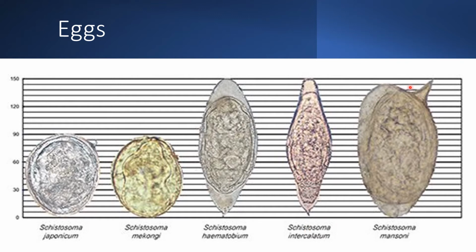And for Schistosoma mansoni, it is elongated with a prominent lateral spine on the side here. This can be difficult to see if the egg turns, so you can move the egg by touching the cover slip while examining it under the microscope.